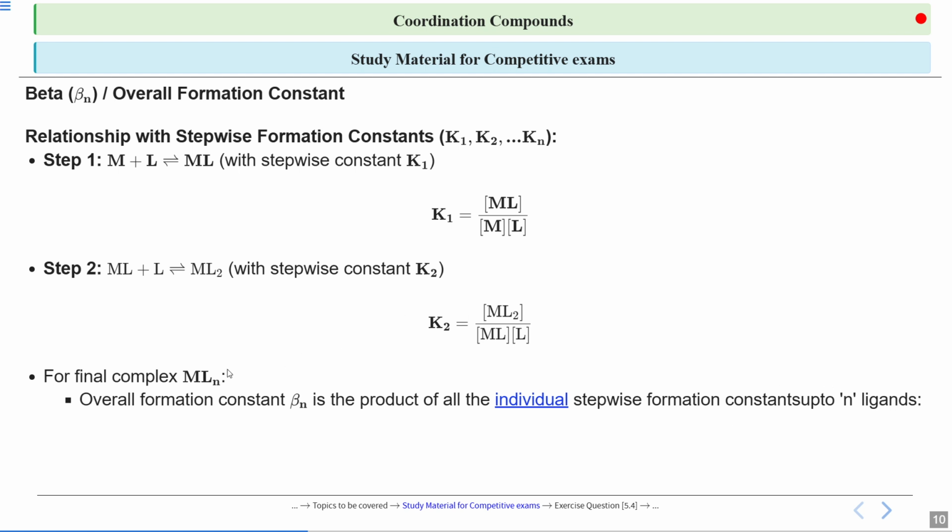Okay, as you all know, for each reaction we have written the stepwise constant value, right? Now K1, K2, K3, K4 up to Kn, there will be different values of K as per the reactions, as per the steps, right?